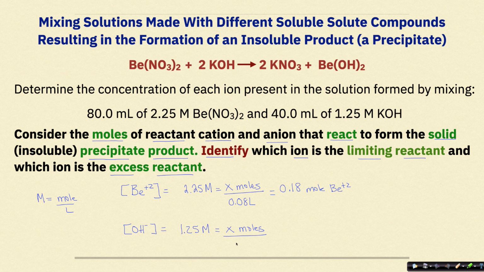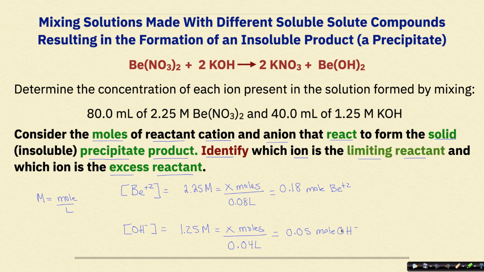And I'm going to say, all right, 40 milliliters. So that's going to be 0.04 liters. I'm going to cross multiply. And when I cross multiply here, the number of moles that I have associated with this is 0.05 moles of hydroxide.